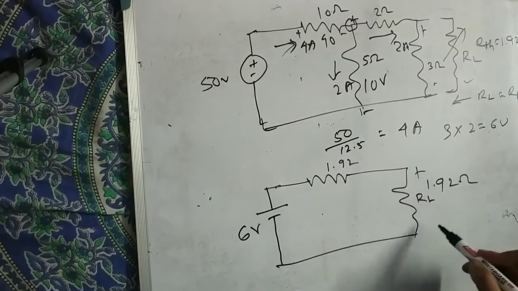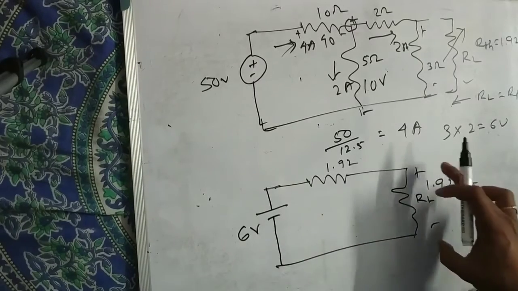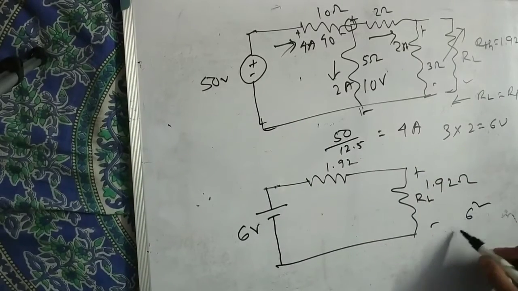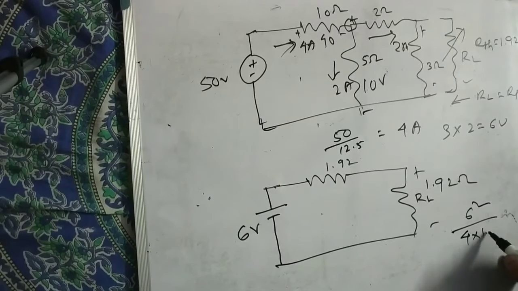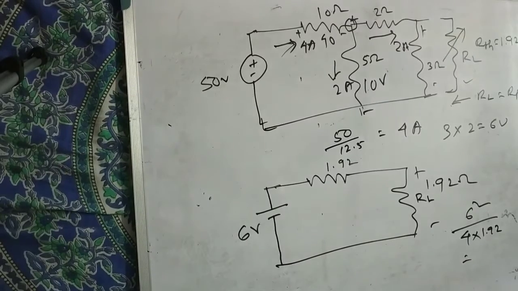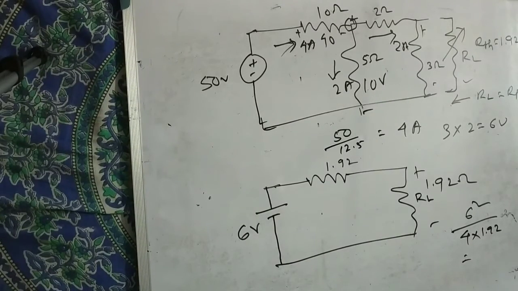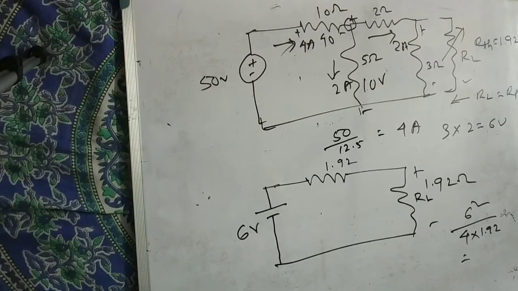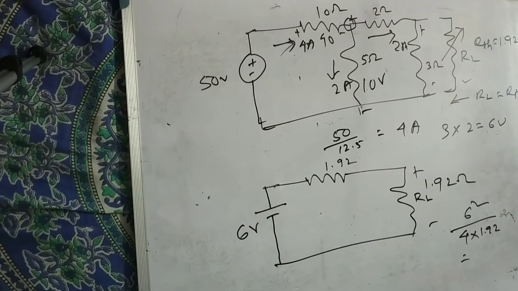So the maximum power delivered is 6 square by 4 into 1.92. So this value is 36 by 4 by 1.92, which means 9 by 1.92.